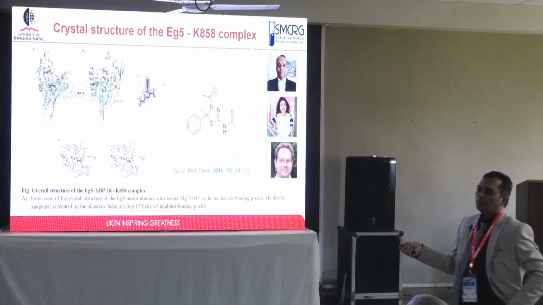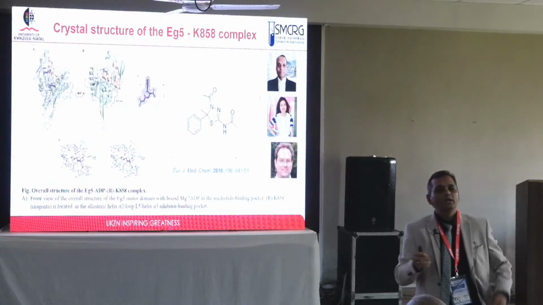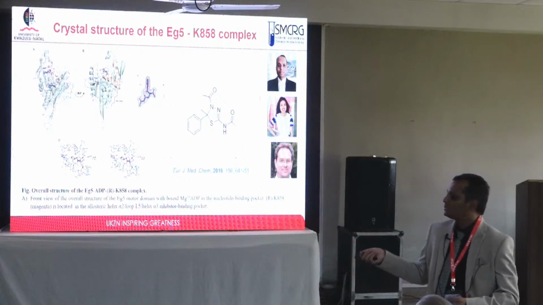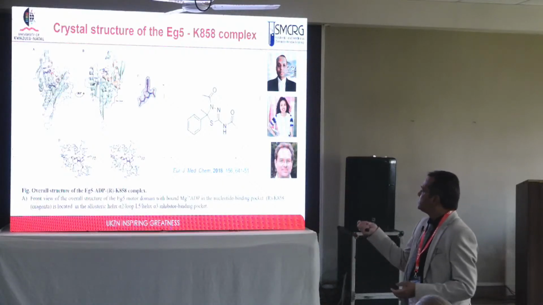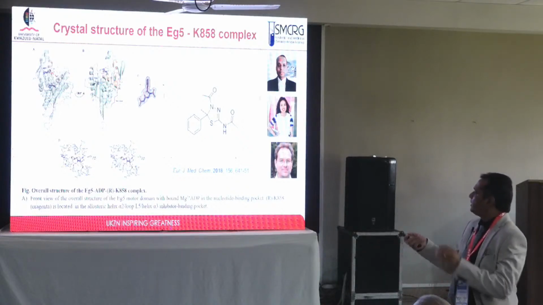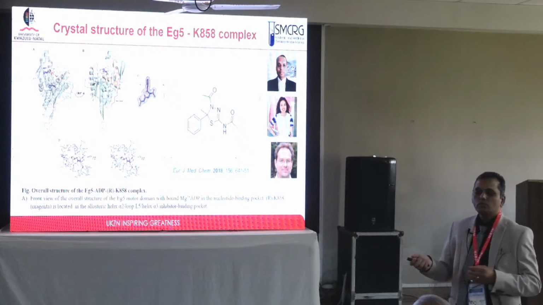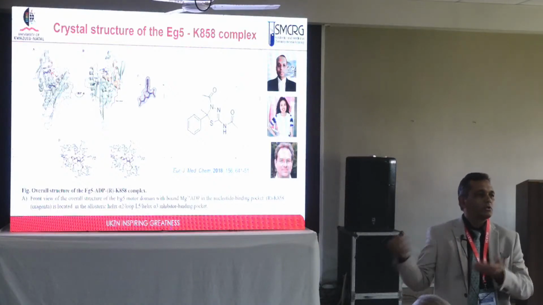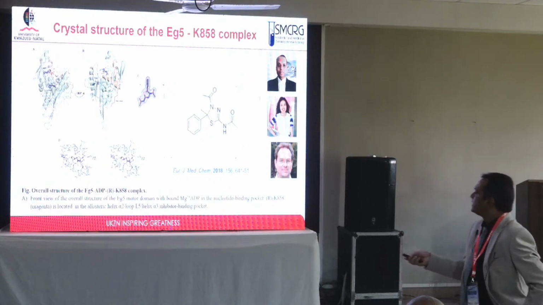K858 is a very potent molecule, but nobody had co-crystallized K858 with the enzyme, and we were able to do it. As you see, this is a racemic mixture, and we were able to see that the R isomer was actually active, the S isomer was not active. So this was our contribution towards this study.